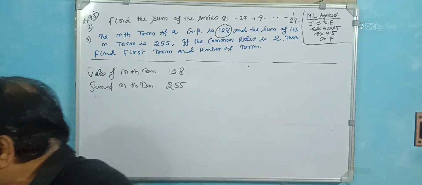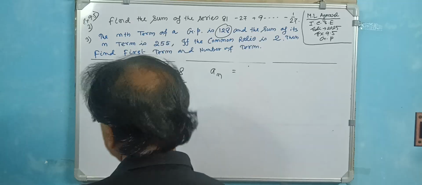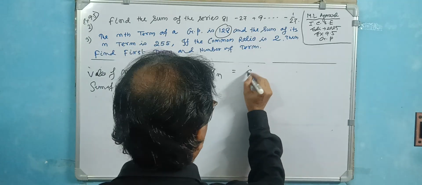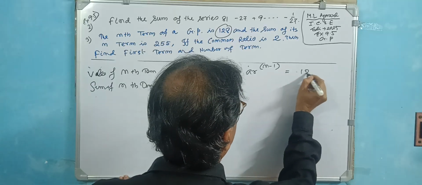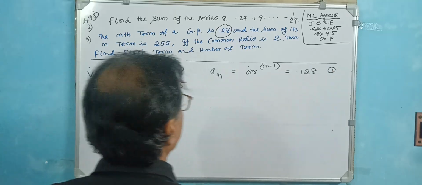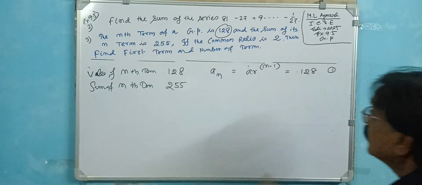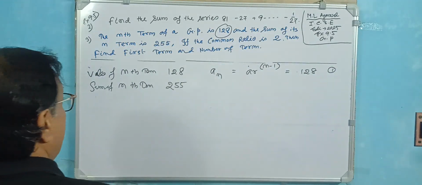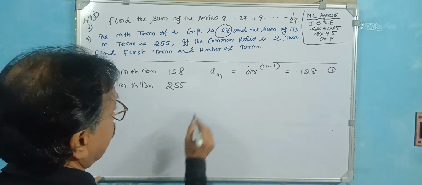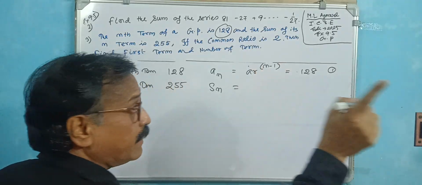The two different formulas: for a particular term, an is equal to ar^(n-1). That is used for 128. an is equal to ar^(n-1), that is used for this, and this is the Sn. an means the value of the particular nth term.